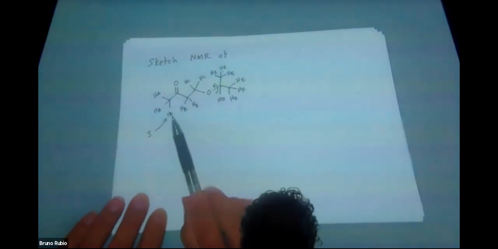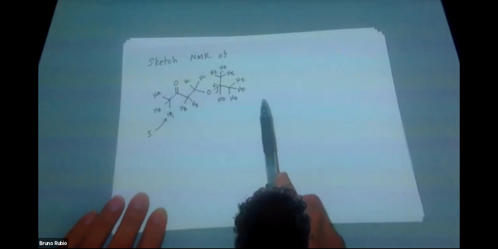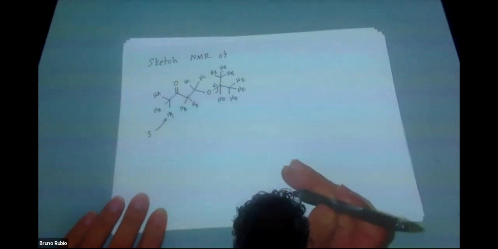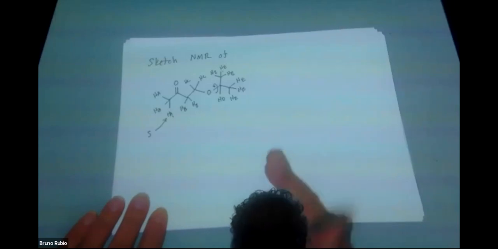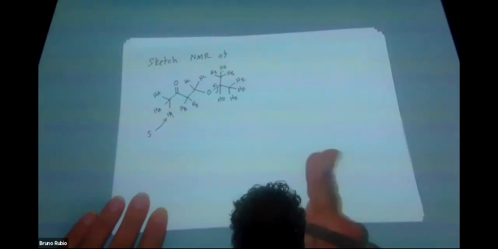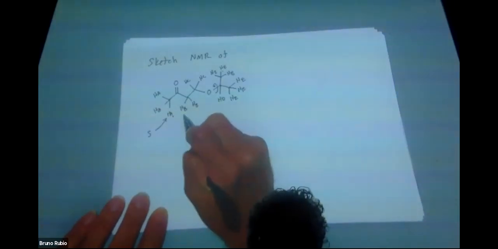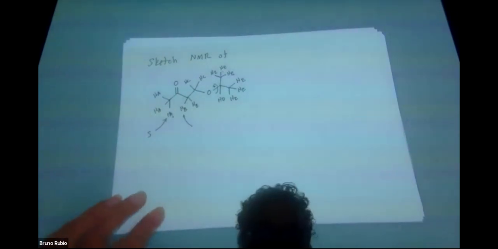Because the HA, we're looking for 2 bond splitting and 3 bond splitting. The HA are 2 bonds away from other HA protons. There is no splitting between equivalent protons, and there is not another proton 3 bonds away, so that's going to be a singlet.